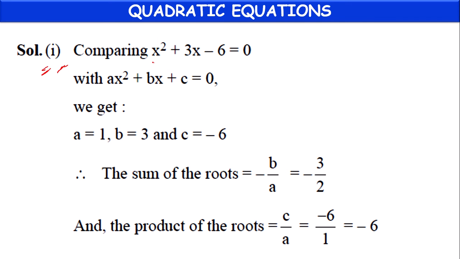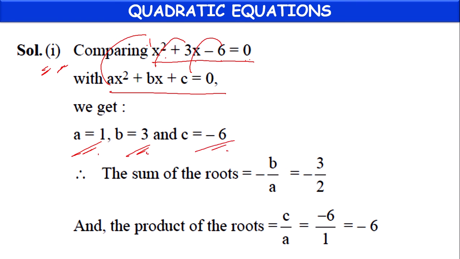The given equation is x square plus 3x minus 6 equal to 0. If we compare this with the general form, in the place of a, the x square coefficient is 1, so a value is 1. In the place of b, we have 3. In the place of c, we have minus 6.